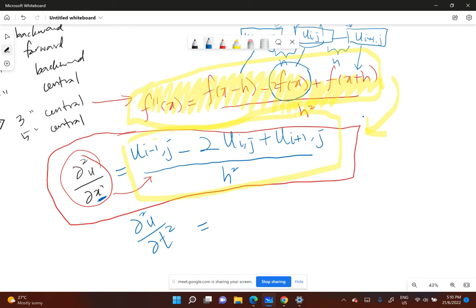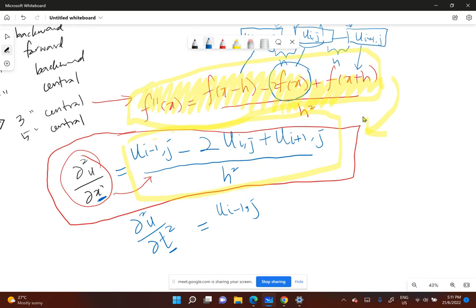So kalau respect to T, saya nak start dengan apa? Adib, tahu tak? Nak start dengan apa ni? Sekejap. Start dengan U I J minus 1, U I J, U I J plus 1. Okay. Macam ni lah. Sekejap, saya tulis cantik sikit.